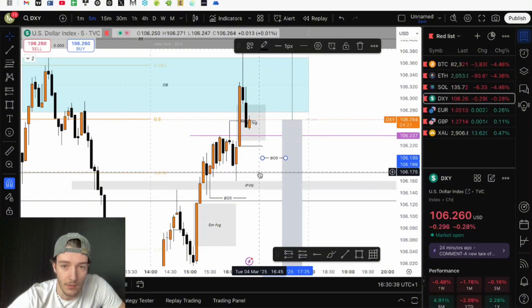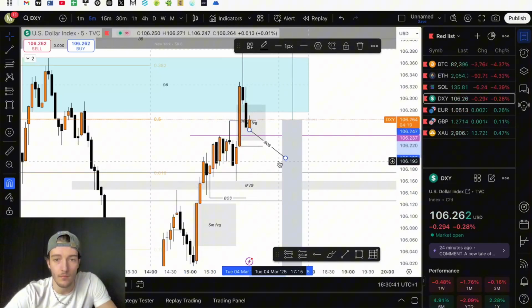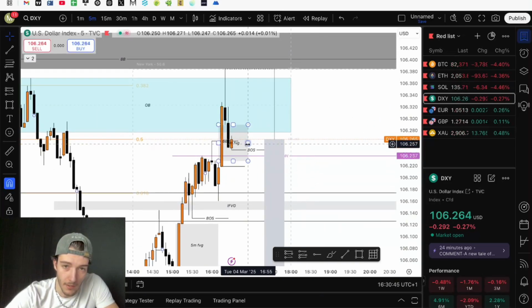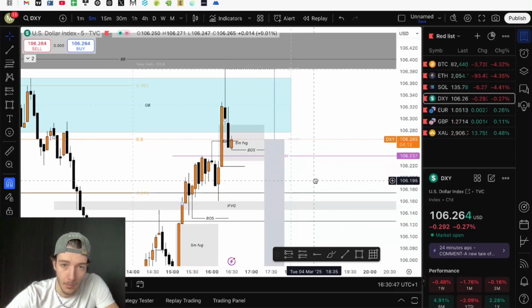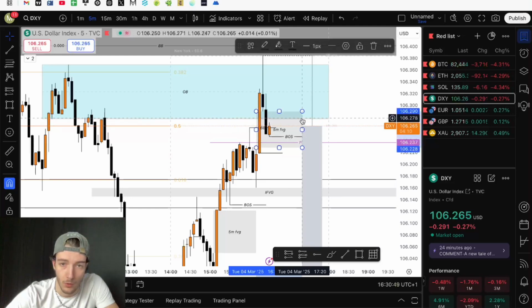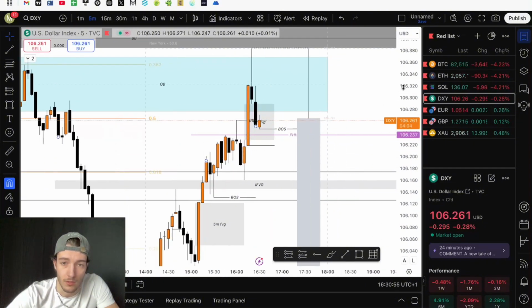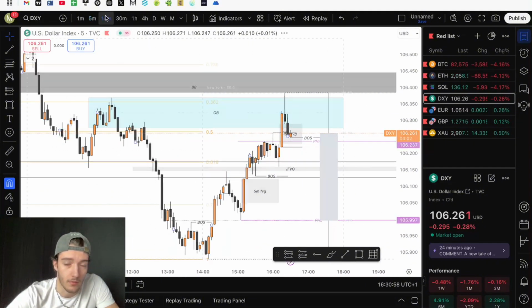If this candle closes bullish, a break of structure under it would mean that we're gonna completely invalidate this 5-minute bullish fair gap, and we're gonna move lower. Which should indicate that this order block will hold.